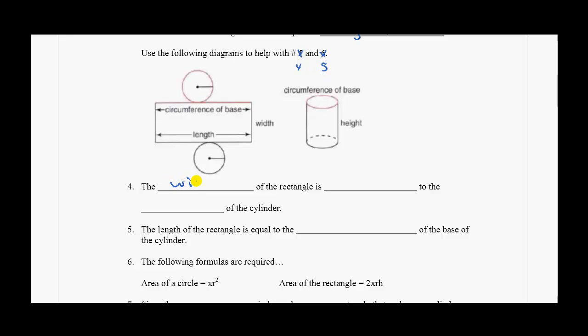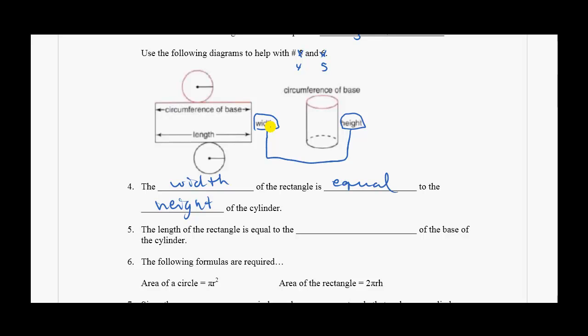The width of the rectangle is equal to the height of the cylinder. Just drawing your attention to that fact.